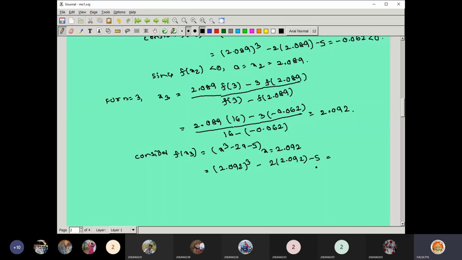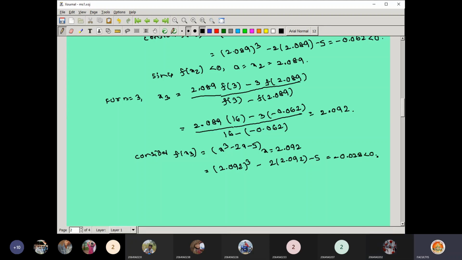We only need to find a maximum of 5 roots. If you get 0 earlier anywhere, you can stop the process. What's the value you are getting here? Minus 0.028.